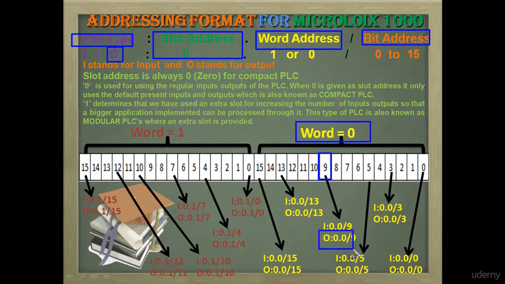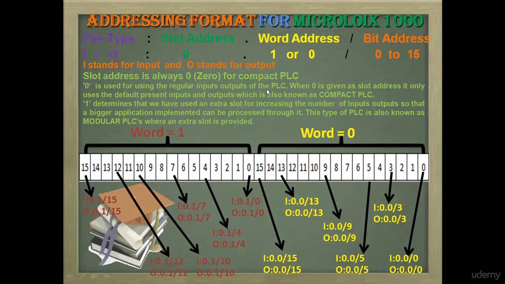Now the address for this bit is O colon 0.0 slash 9. Here we use word number 0 because this bit 9 is present in this word and this word number is 0. If this bit is present in another word, then we have to use that particular word number.